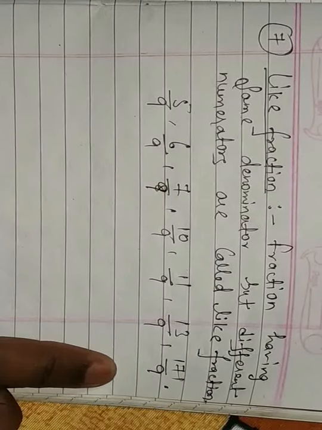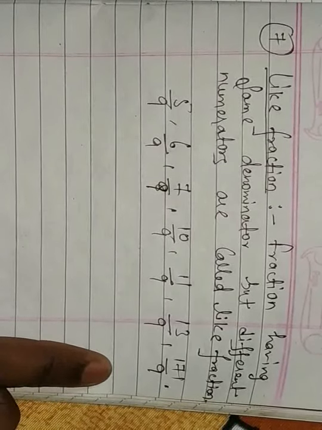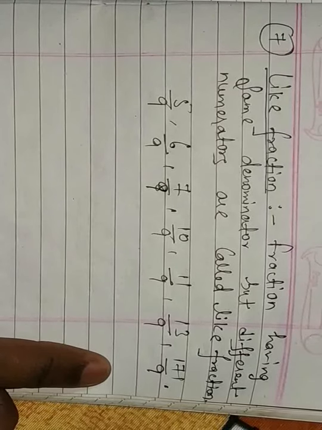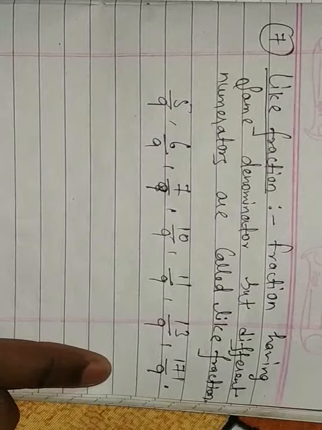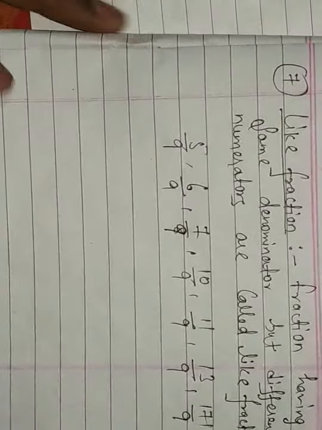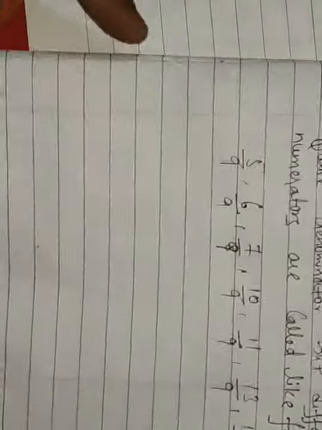So any fraction in which the denominators are equal is called a like fraction, with different numerators. Fractions having equal or same denominator but different numerators are known as like fractions. I hope it is clear.